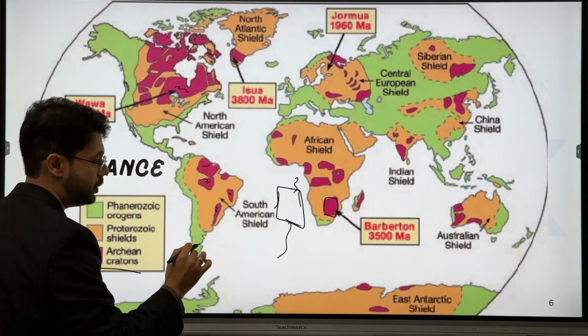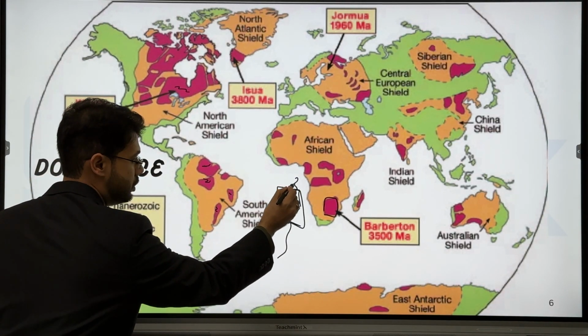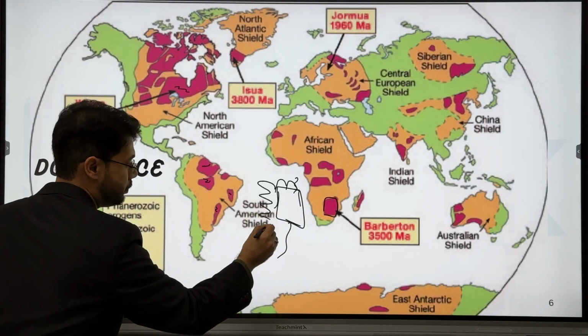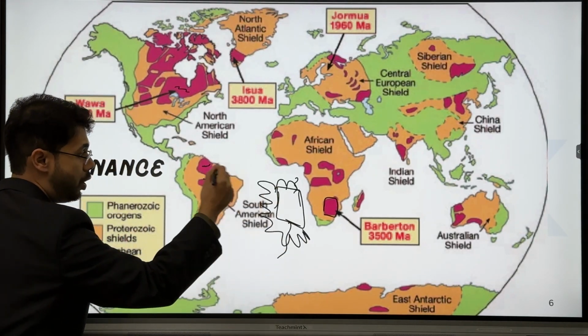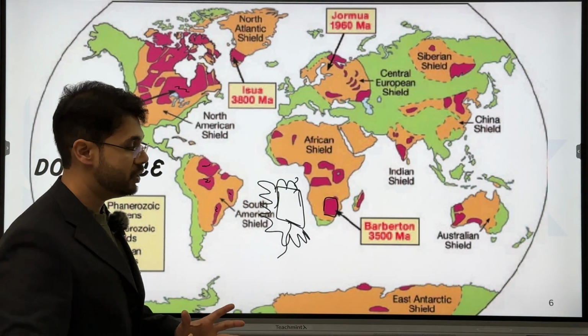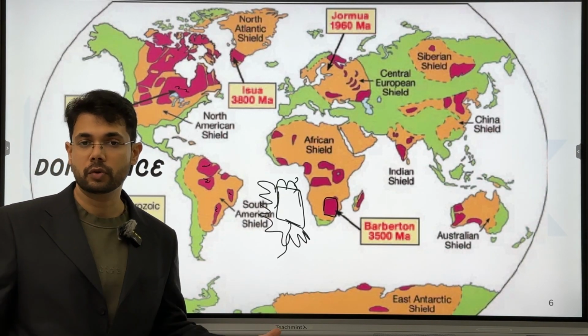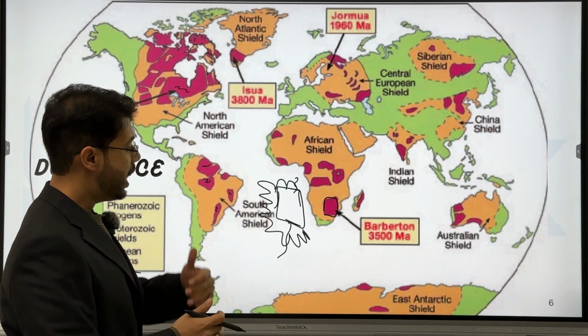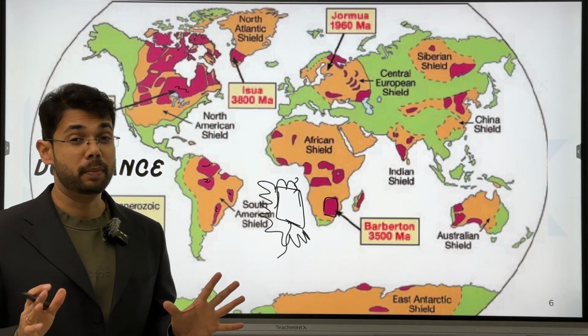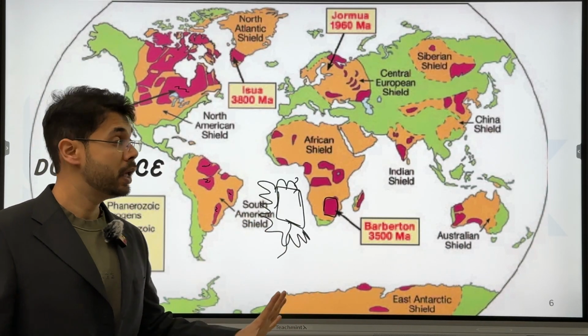First, features will form around this shield. Young fold mountains will form around it, and then it will start pushing the shield up. Of course, tectonic plate forces are among the most powerful forces on the earth, and these rocks will not be able to stop it, but they resist it the most.